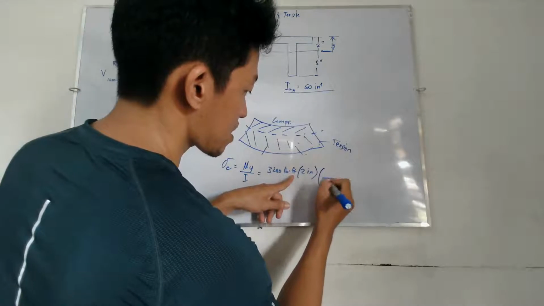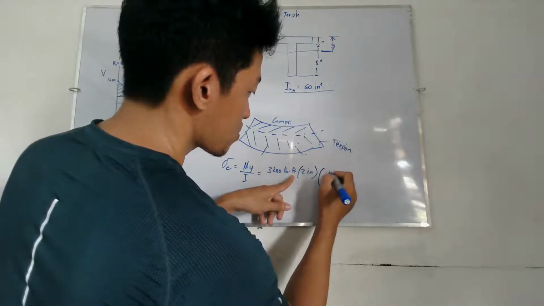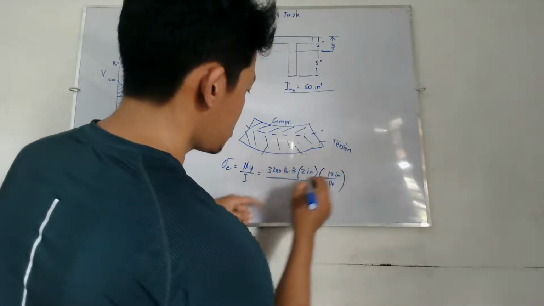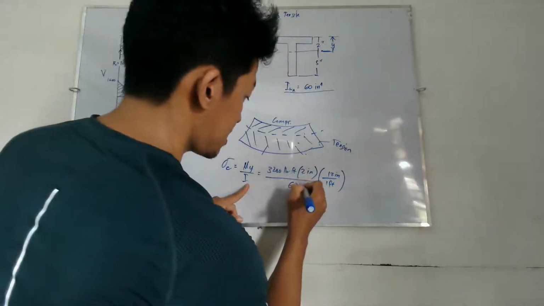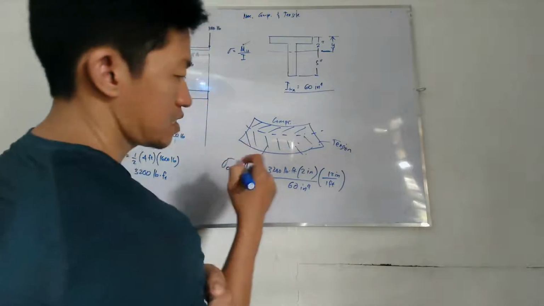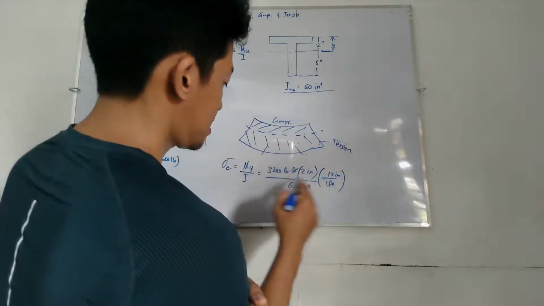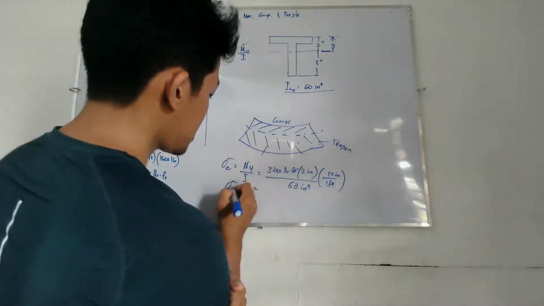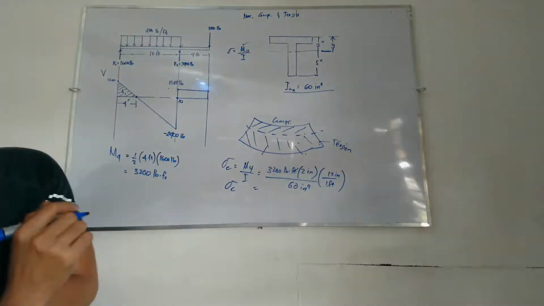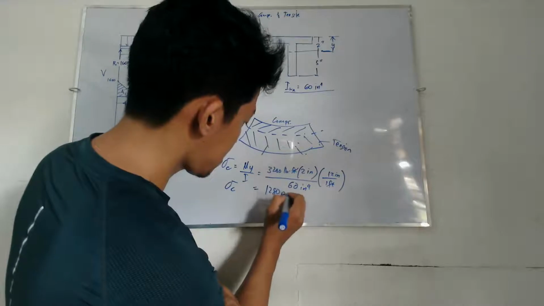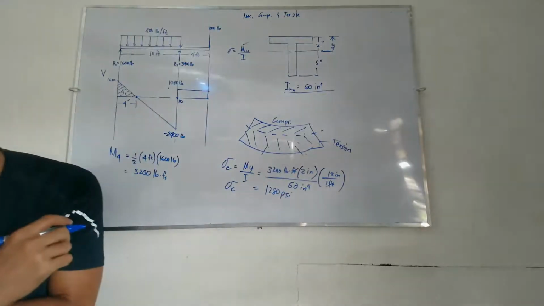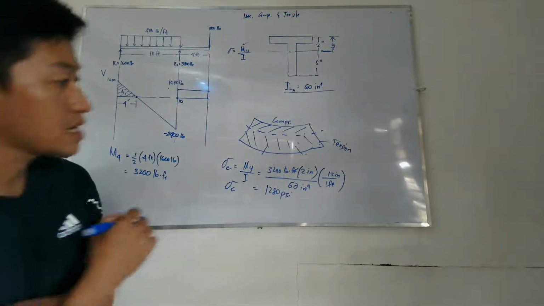Convert nato ning feet, times 12 inches over I, ang I kay 60 inch to the 4th. Cancel. Compressive stress is 1,280 PSI. Okay, 1,280 PSI.